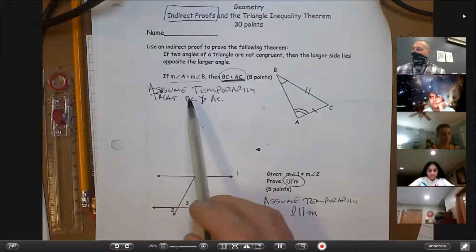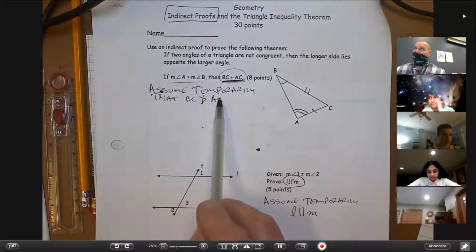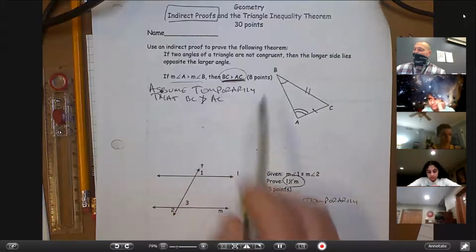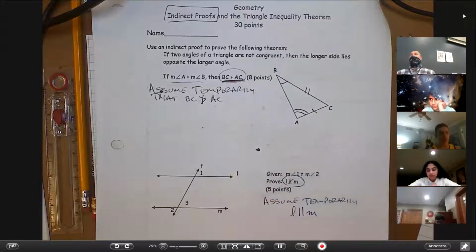So we have already talked about how we start every indirect proof. You start every indirect proof by assuming temporarily that the conclusion, or what you're trying to prove, is false. And so there's my temporary assumption that segment BC is not greater than segment AC, lengthwise.